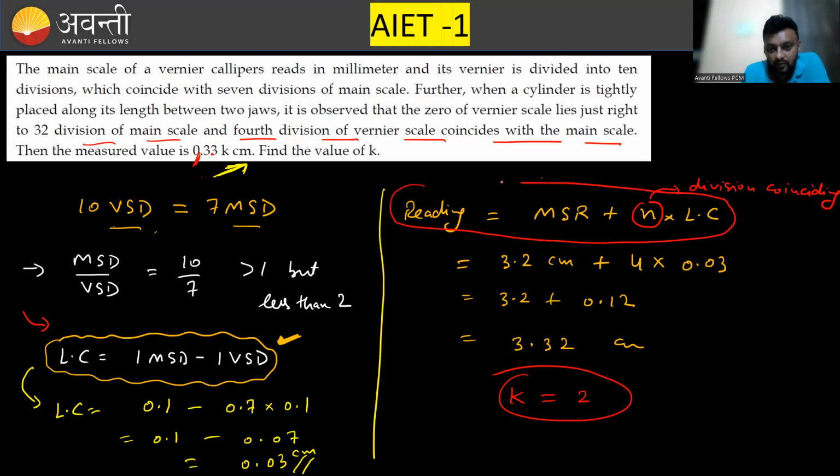In terms of reading, this is main scale reading. Main scale reading is the point where the zero of vernier scale is. So zero of vernier scale is just to the right of 32nd division. That means reading is 32 mm, in centimeter is 3.2 centimeter.